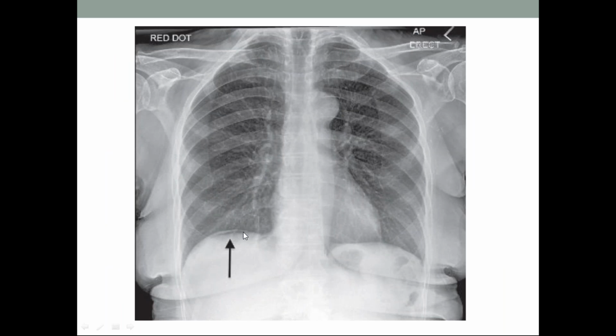We can all see a thin linear gas here. This is the pneumo component, that is the air we are seeing beneath the right hemidiaphragm, and we can all appreciate that this white thing is the liver shadow. This is the surface of the liver, this is the diaphragm, and these are the lungs.